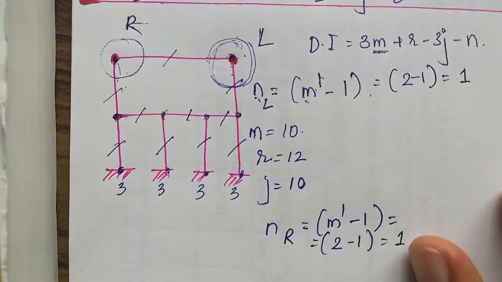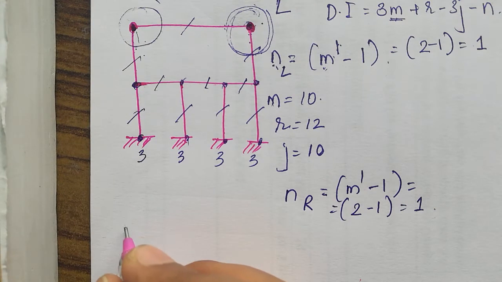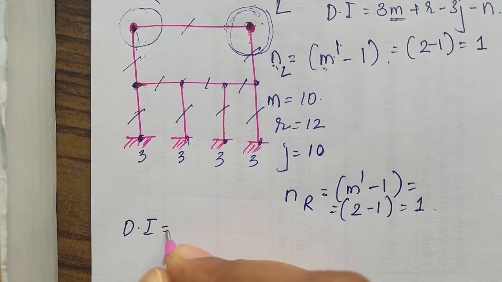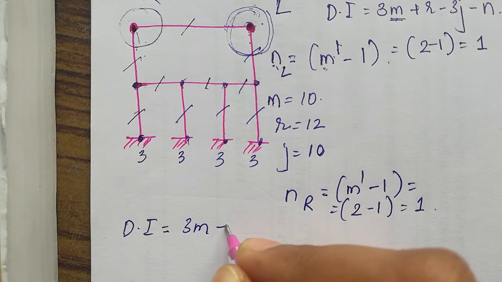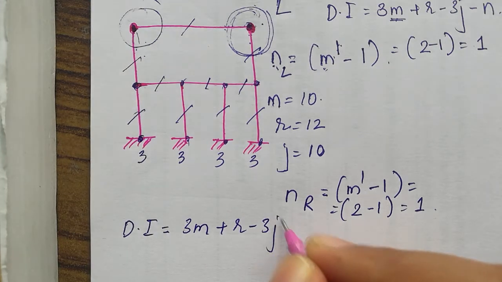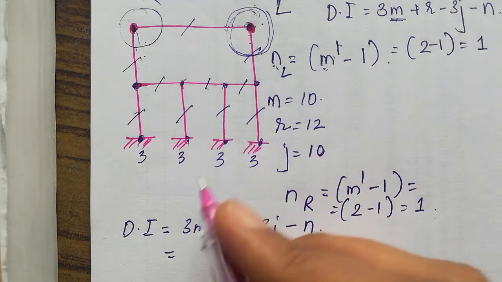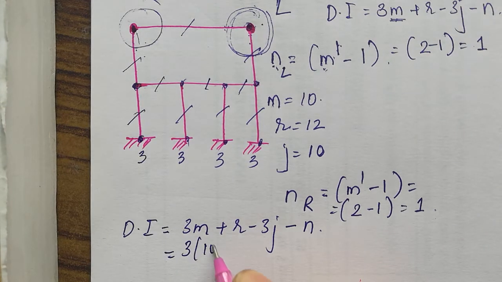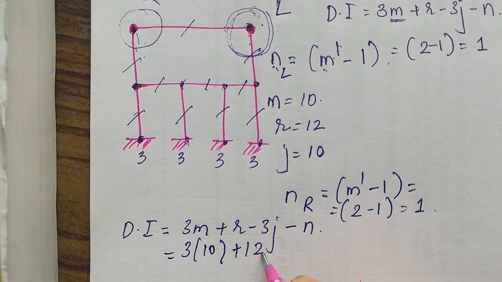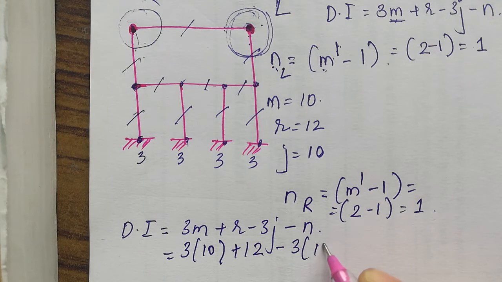In total, the equation will be how much? Degree of indeterminacy is equal to 3m plus r minus 3j minus n. Now m is 10, reactions are 12, minus 3 times j, minus n.